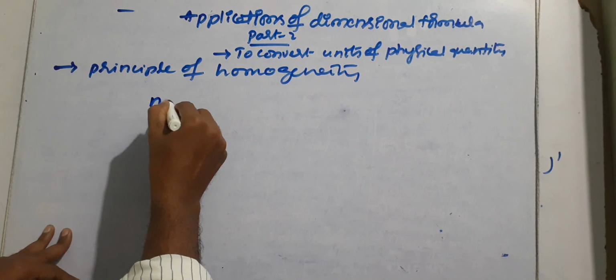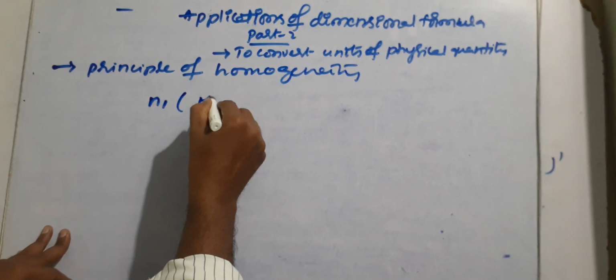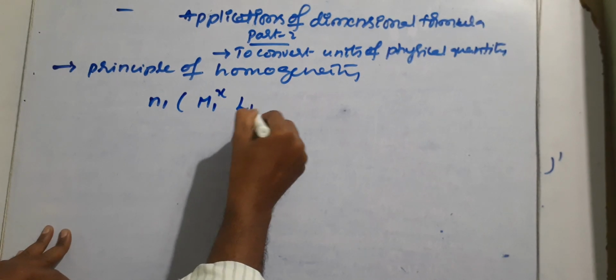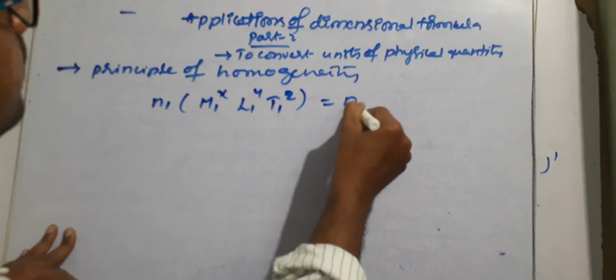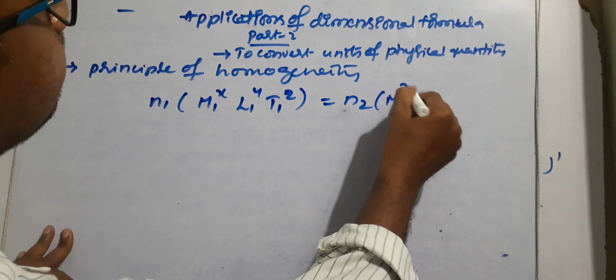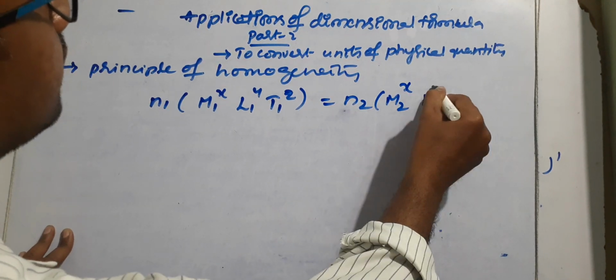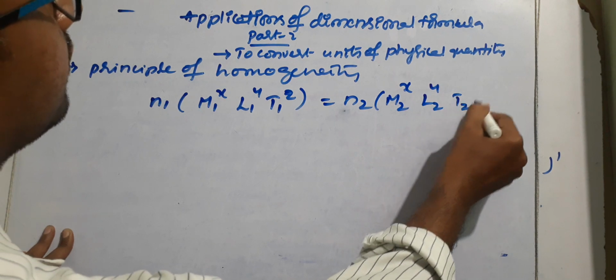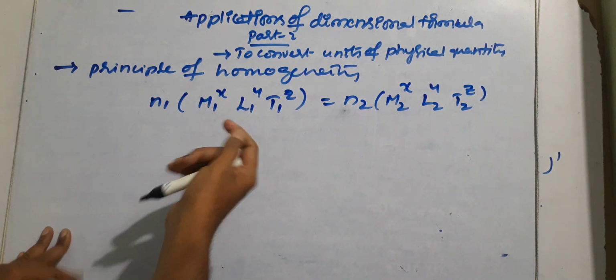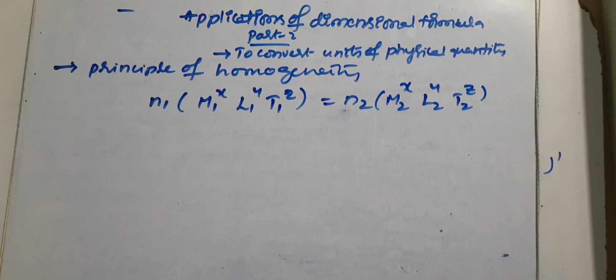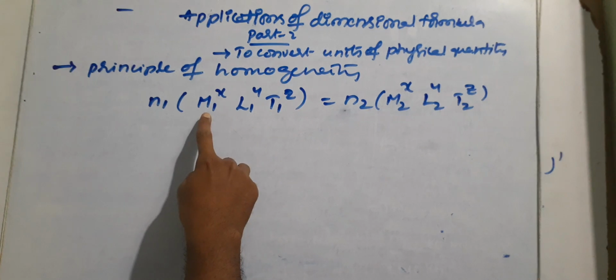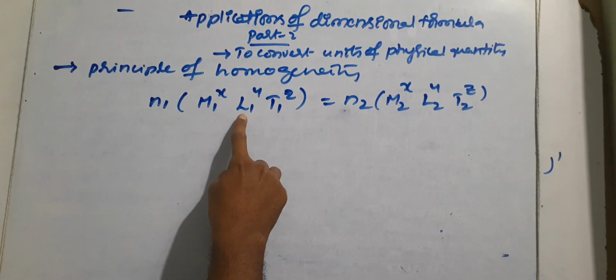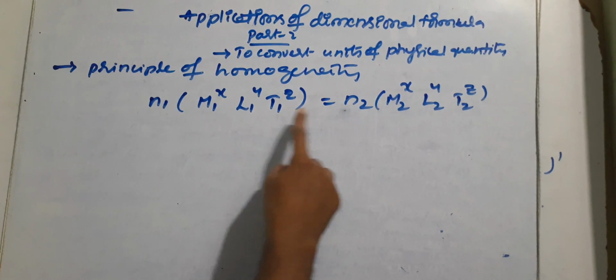It can be written as N1 into M1 power X, L1 power Y, T1 power Z is equal to N2 of M2 power X, L2 power Y, T2 power Z, where M1, L1 and T1 are representing the units of mass, length, time in SI system: kilogram, meter and second.